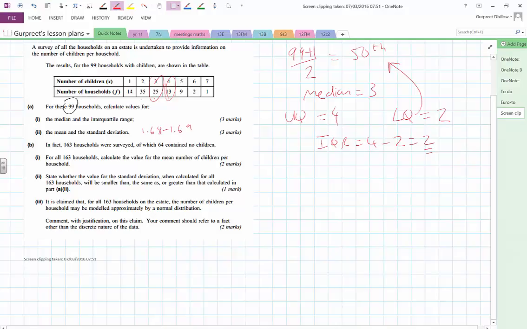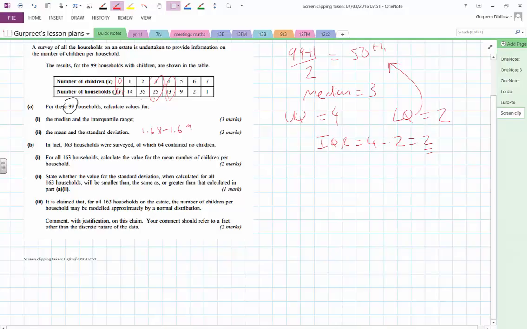Okay, part B, you're now told that there's 163 households surveyed, of which 64 contain no children. So you imagine putting another column here with 0 and 64 say.